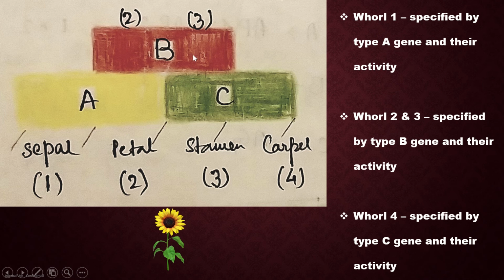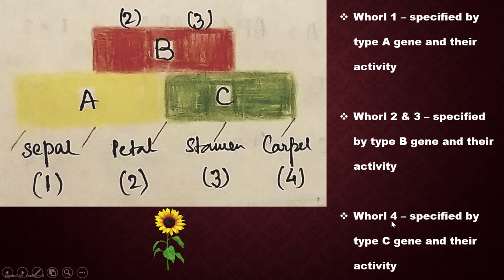This B gene is controlling petals. A is controlling sepals. That means sepals are solely controlled by A, but petals are controlled by the activities of type A gene as well as type B gene.